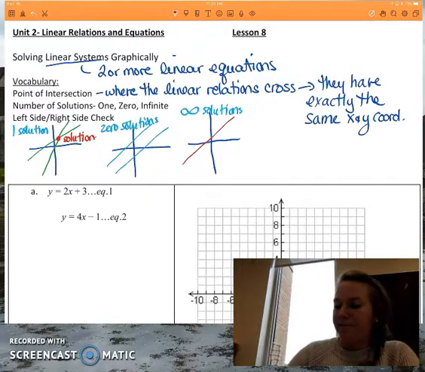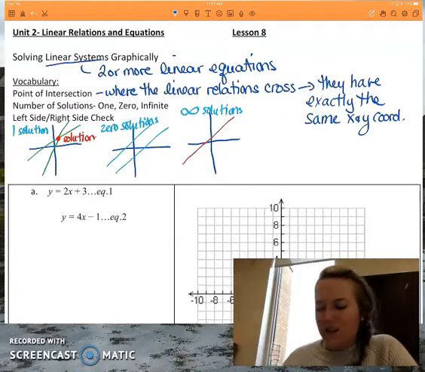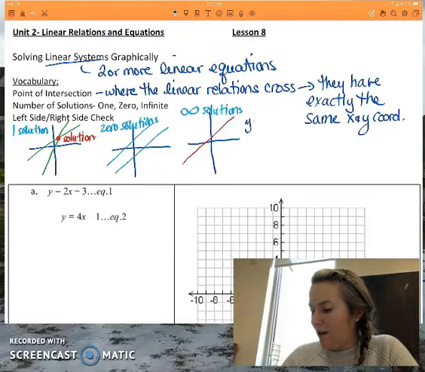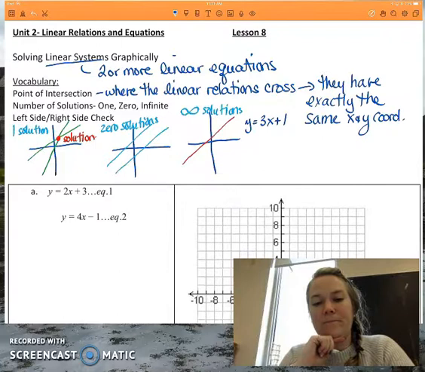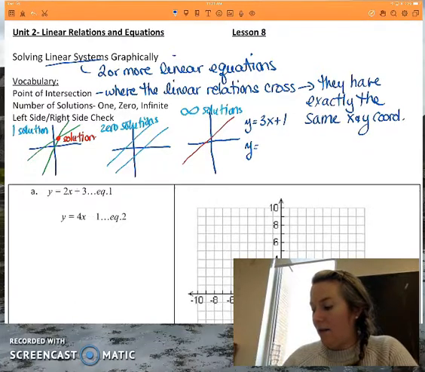I'll explain. So if I have, in slope-intercept form, y equals 3x plus 1, and I have 2y equals 6x plus 2.